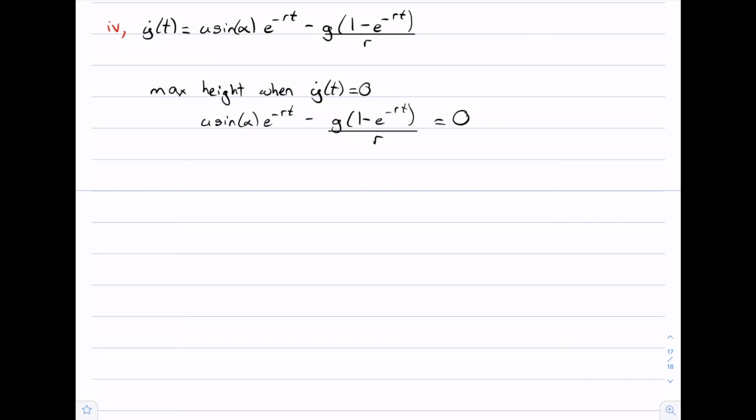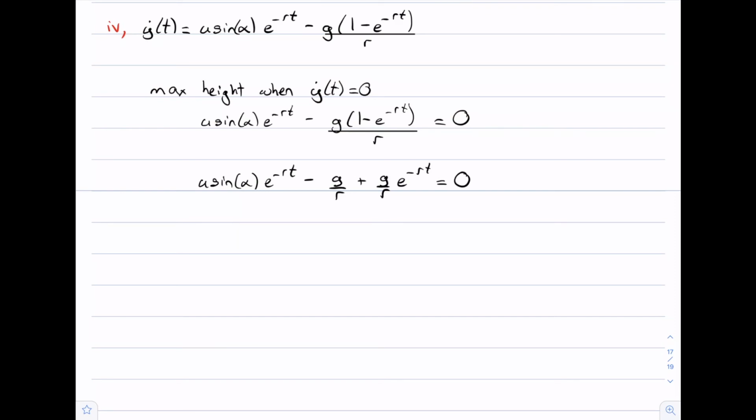So we want to group those together and get everything else onto the other side. So if we were to expand out this section here, what would we get? Well, we still have this e to the negative rt u sine alpha term here. Then we would get minus g on r plus g on r e to the negative rt equal to 0.